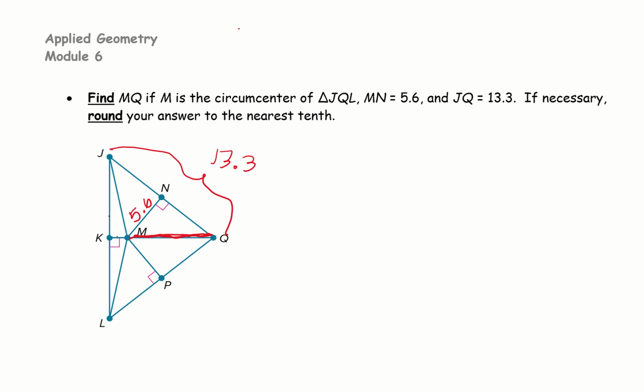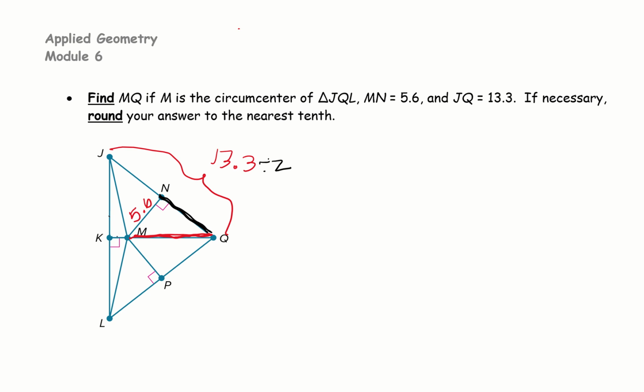Okay, so again, since they gave you the whole distance, that doesn't help you because you just want to use one of these small right triangles to use the Pythagorean theorem. However, you know that N is the halfway point of JQ because that side has been bisected in half. So we can take 13.3 and divide it by 2.